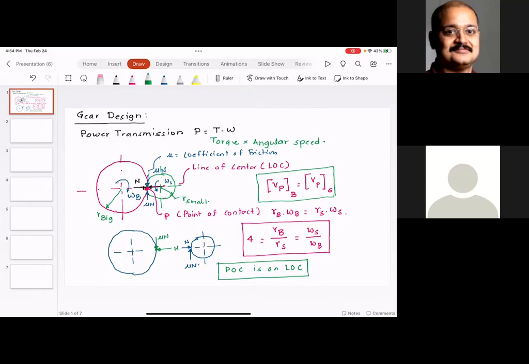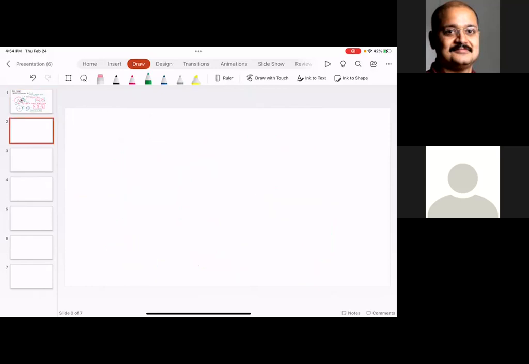I just have to repeat this once again. Let's understand the power transmission capacity.